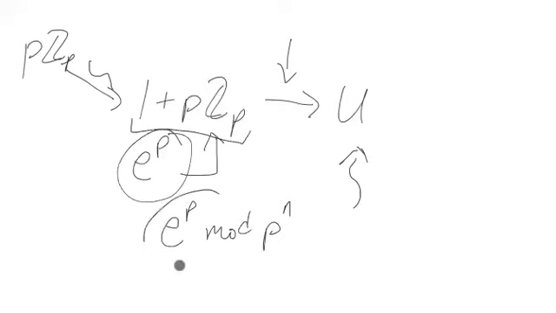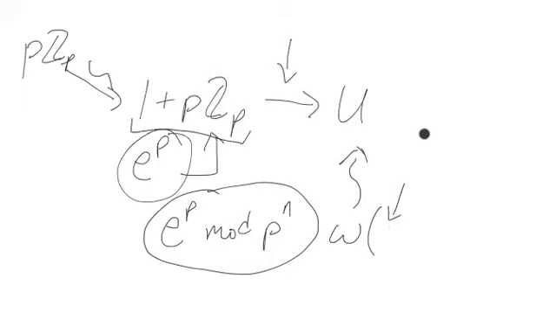So we take e to the p mod p to the n, and that's going to be the cyclic generator of U. Now, as we discussed before, we take that cyclic generator of U and multiply it by the Teichmuller character of a generator for this cyclic group, which I'll call G for generator.